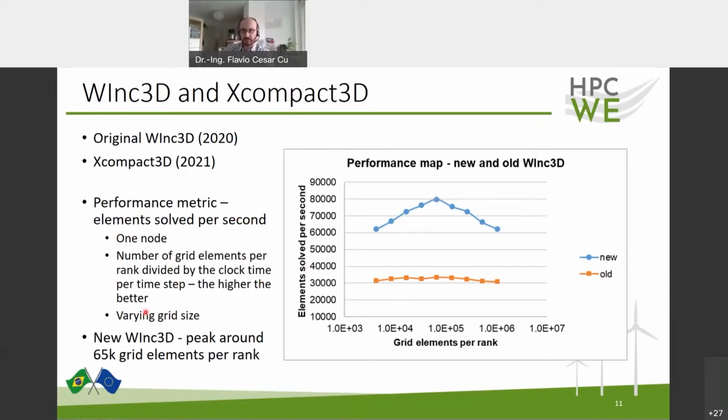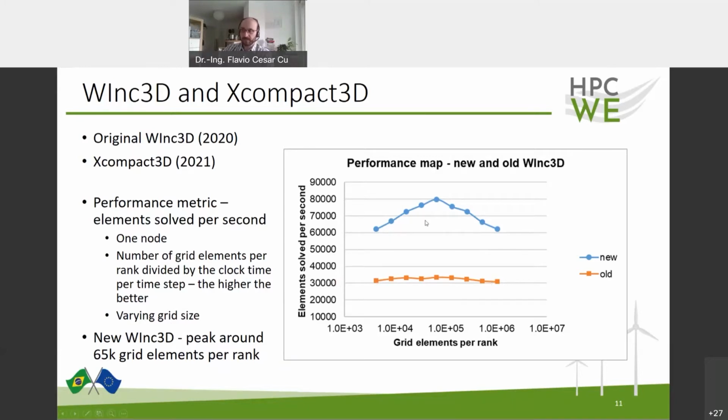And we get these results varying the grid size of the simulation in one node. And we see that for the old Xcompact 3D, the performance is a bit above 30,000 elements solved per second, but it's pretty stable across the number of grid elements that I solve.